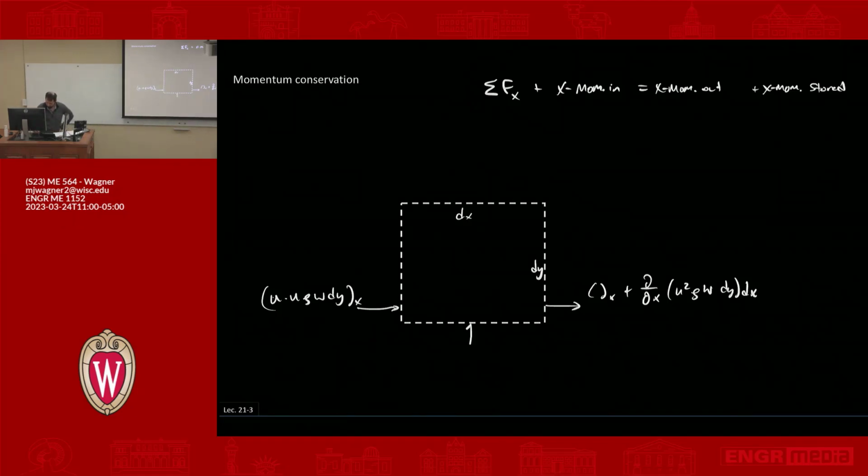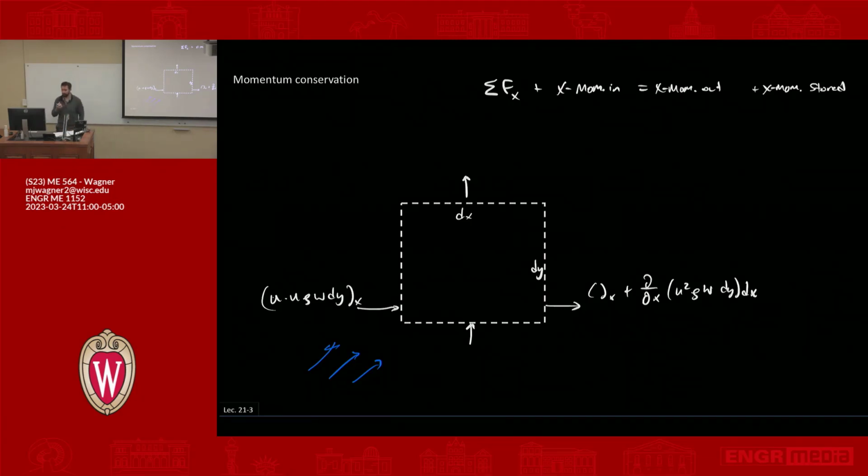What about momentum in the y direction? Remember, we're thinking about x momentum conservation, but fluid can be coming in like this, so there could be some y momentum occurring.